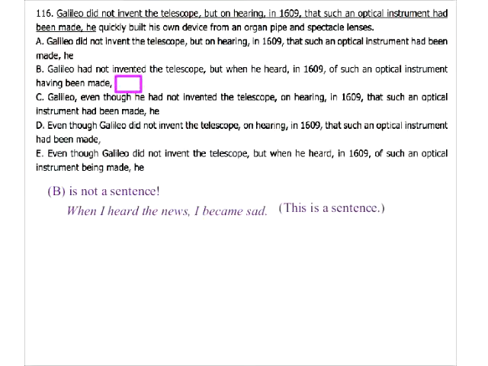Whereas B is kind of like writing, when I heard the news, comma, became sad. I don't know what you would call this.